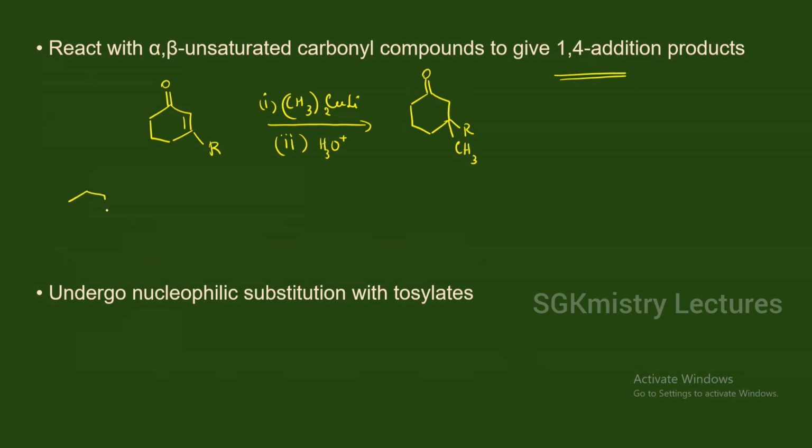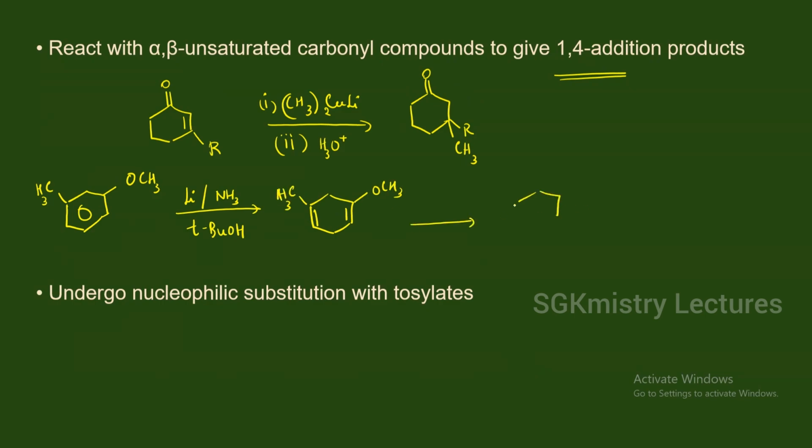Next, let us take one more example. So here I take CH3, and here I take the methoxy group. Now if I add lithium in the presence of ammonia and tertiary butanol, what is going to happen? We know that here there is OCH3 and here CH3.